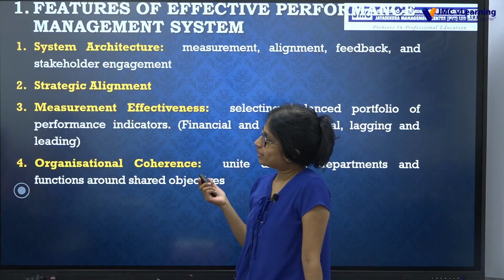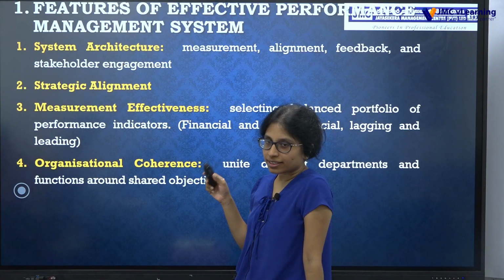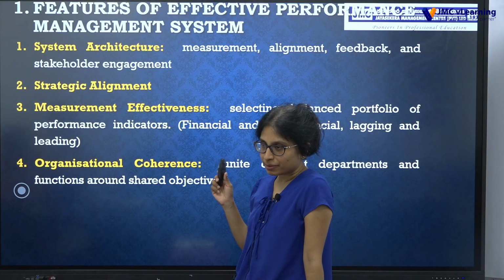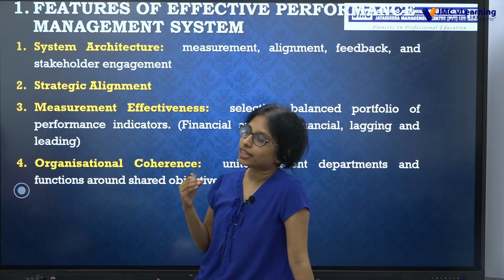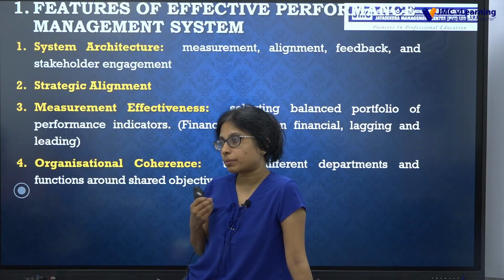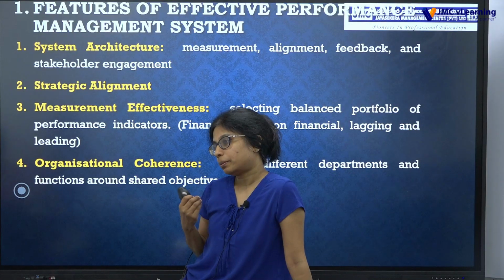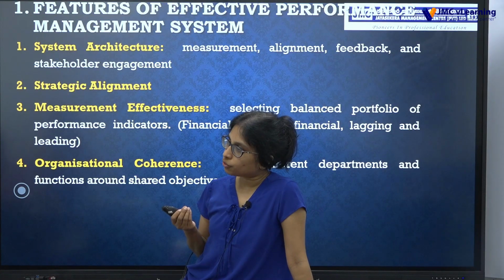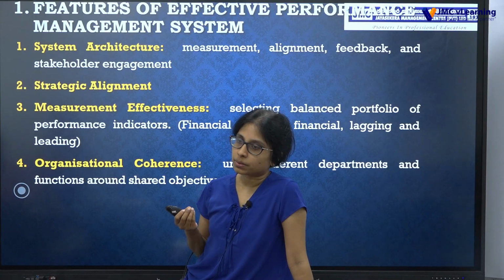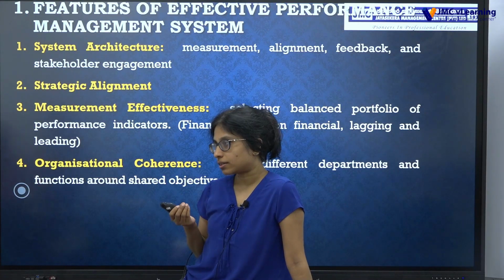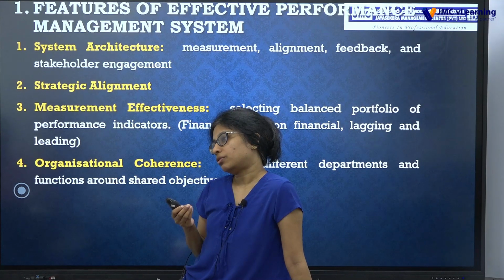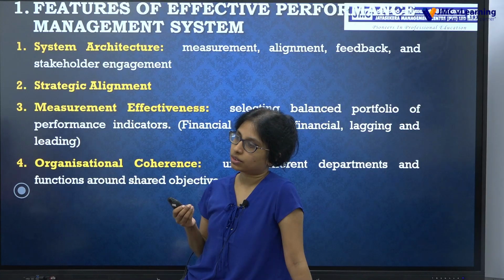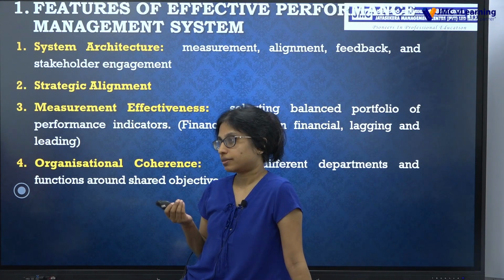Strategic alignment means when you are setting the KPIs, the targets that you set should align with company strategies. Some companies want to be market leaders. Some want to be cost leaders. Some want to build a strong brand. If you are a vehicle manufacturing company, some brands want to say they are the safest car.